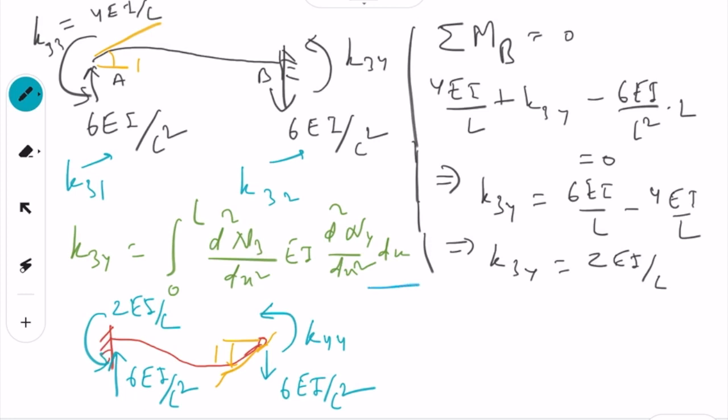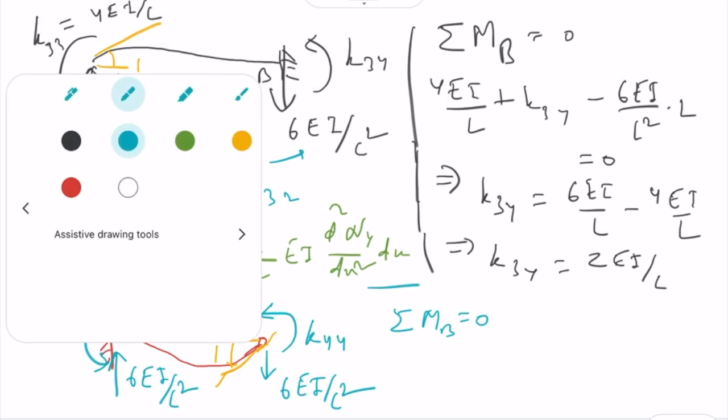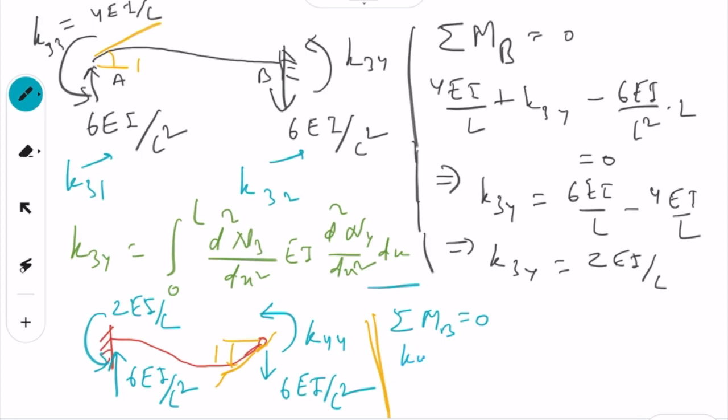Taking moment about B equal to 0, what we get is K44 plus 2 EI over L, and then this is going to be clockwise, so 6 EI over L minus 6 EI over L square multiplied by L, which will be equal to 0.